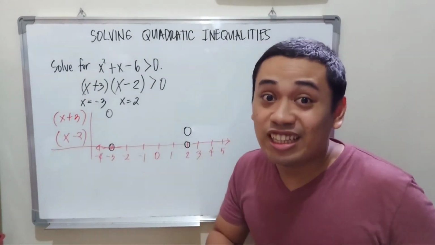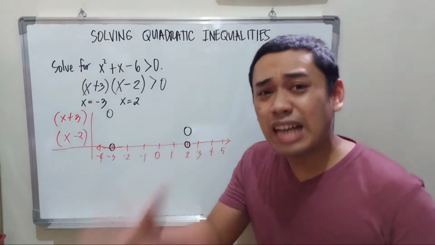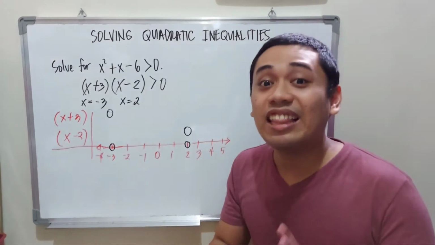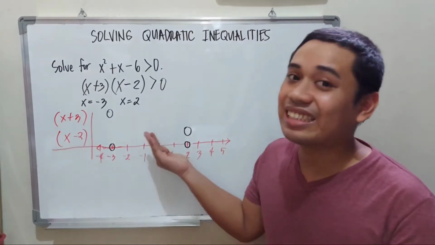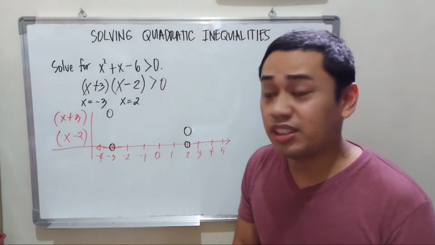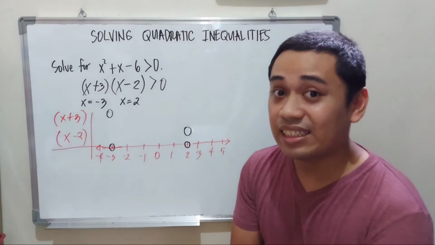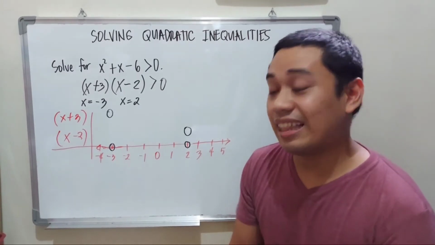Tapos, paano natin gagamitin yung number line or yung sign table? Gamit yung idea ng number line, lahat ng positive numbers ay nasa kanan ng 0 at lahat naman ng negative numbers ay nasa kaliwa ng 0. So, lalagyan lang natin ng mga signs yung left and right part ng ating 0.